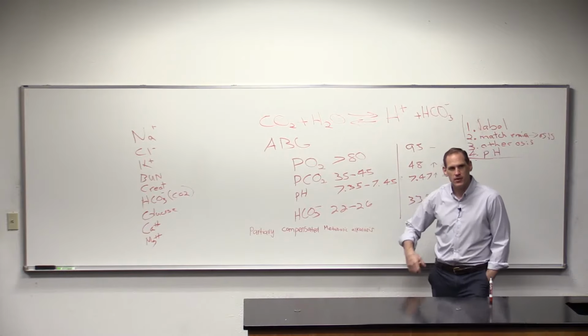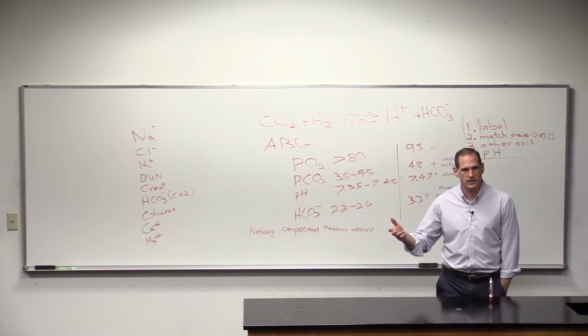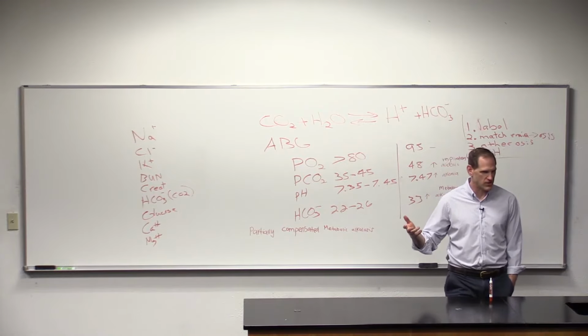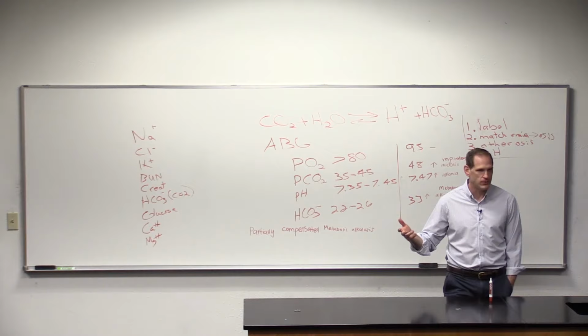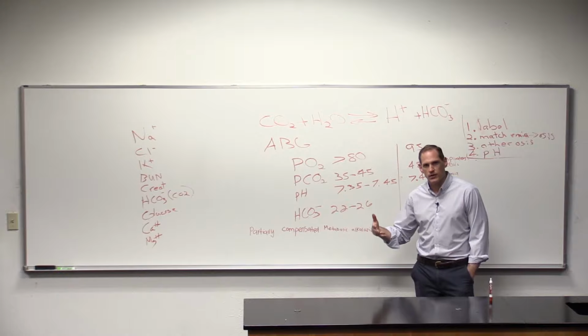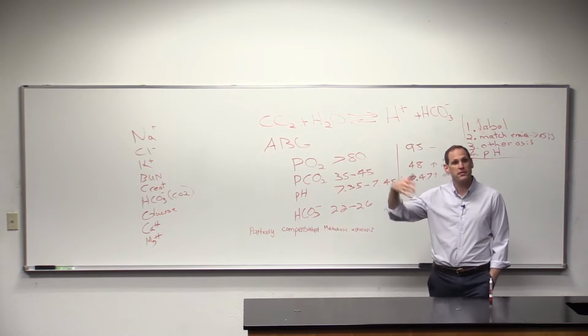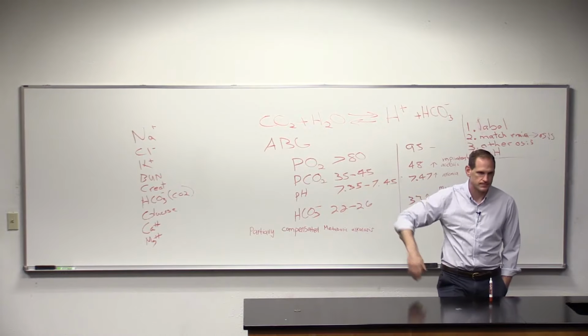At the same time, you're losing hydrochloric acid. So if you looked at an electrolyte panel, what electrolyte would probably be low? Chloride. So in vomiting, you will often get a metabolic alkalosis with hypochloremia.